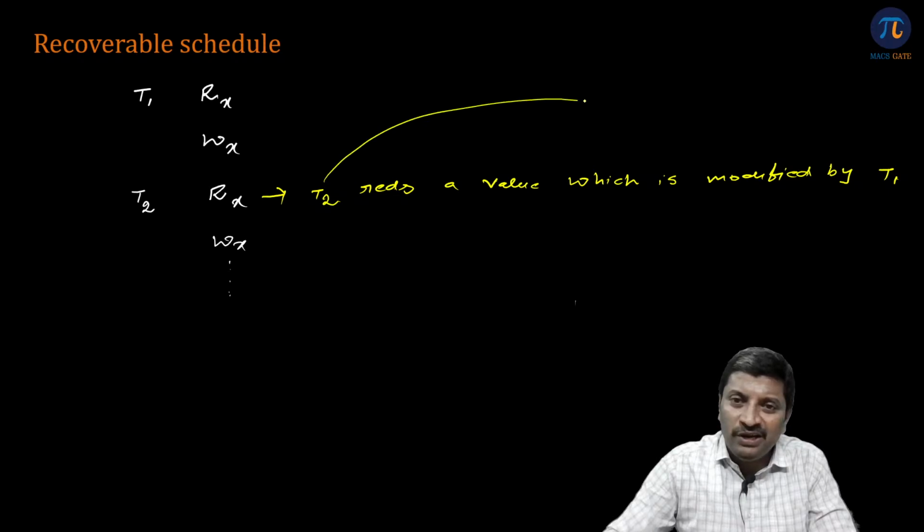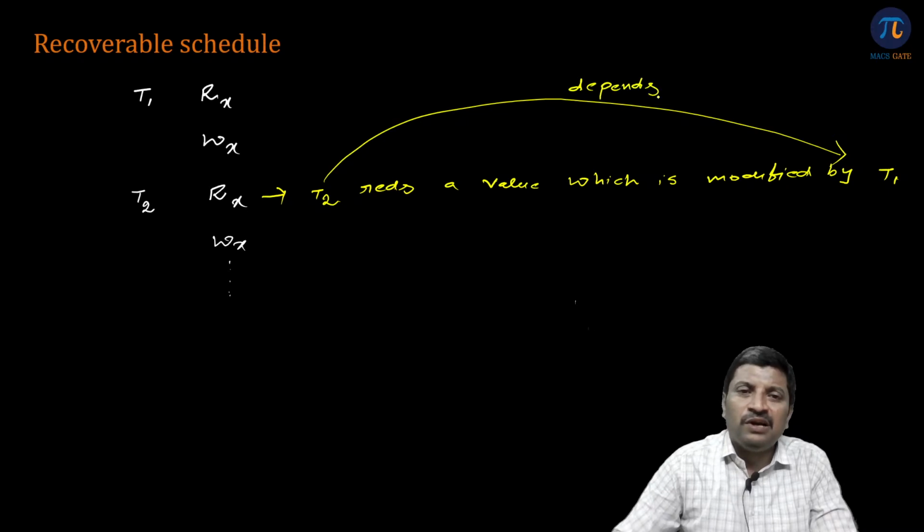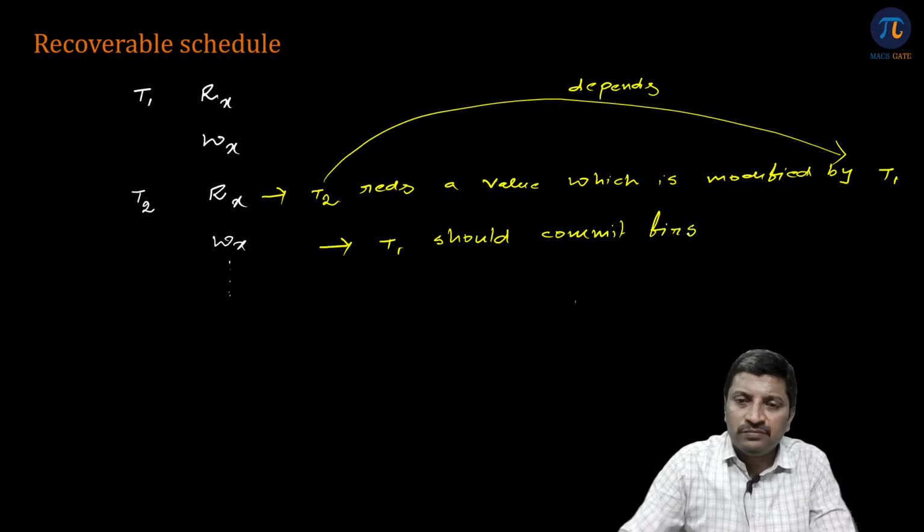So I can say simply, T2 depends on T1. In such a case, T1 should commit first, then T2 should commit.